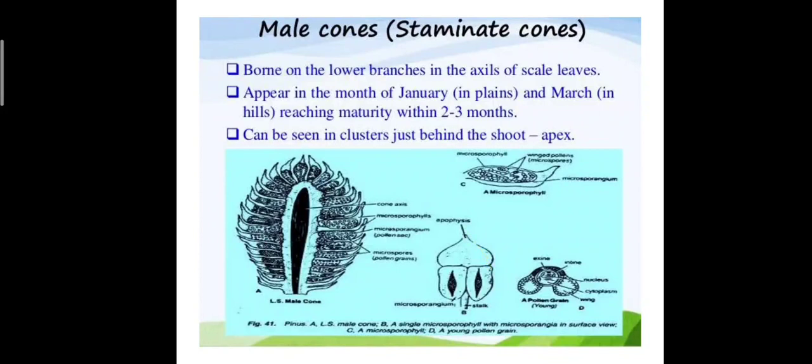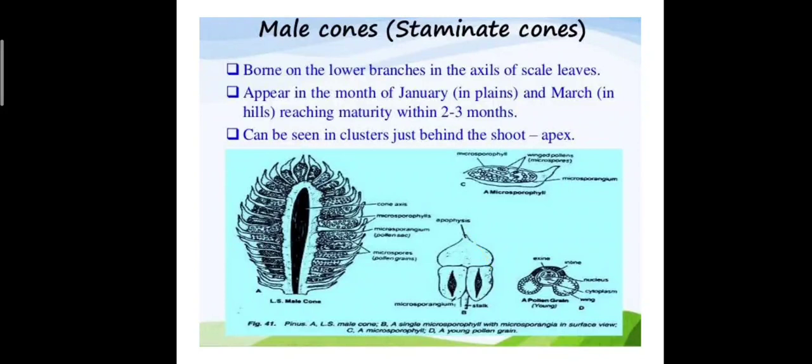Each sorus consists of 3 to 6 microsporangia, which arise from an indusial papilla. In between the sporangia there will be numerous delicate hairs which protect the young sporangia and also help during the dehiscence of the microspores.